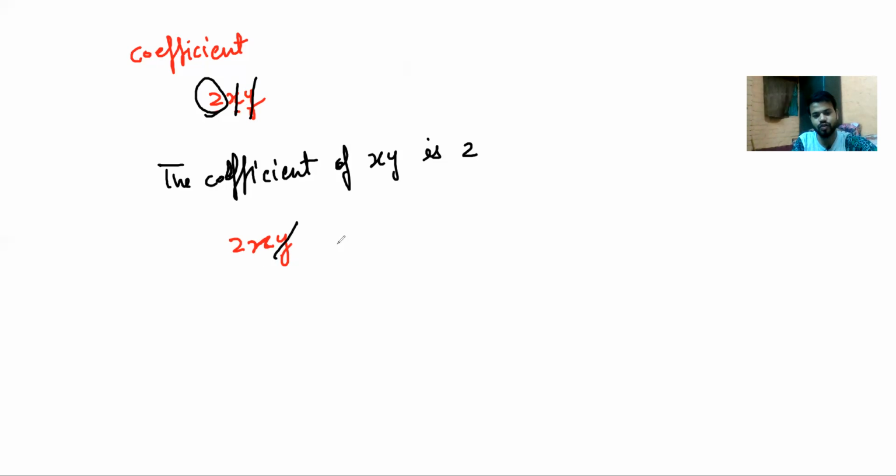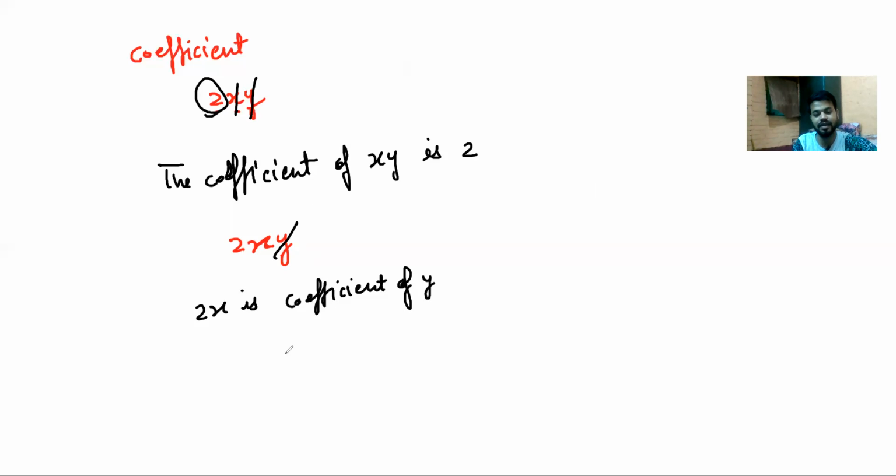So what is left? 2x. So 2x is the coefficient of y. So what you have to do basically, if you want to find the coefficient, you have to remove that particular variable or constant in order to find its coefficient.